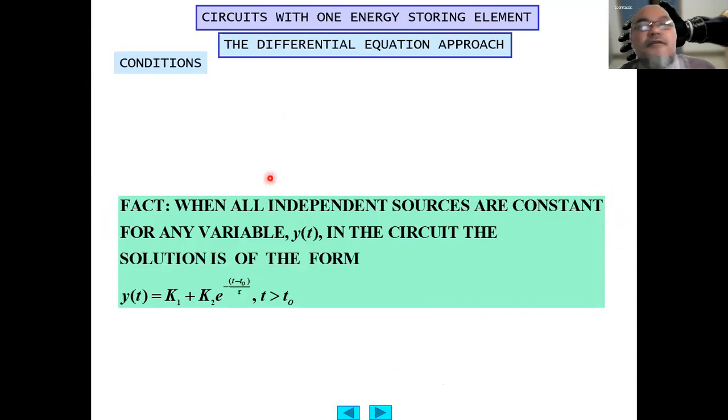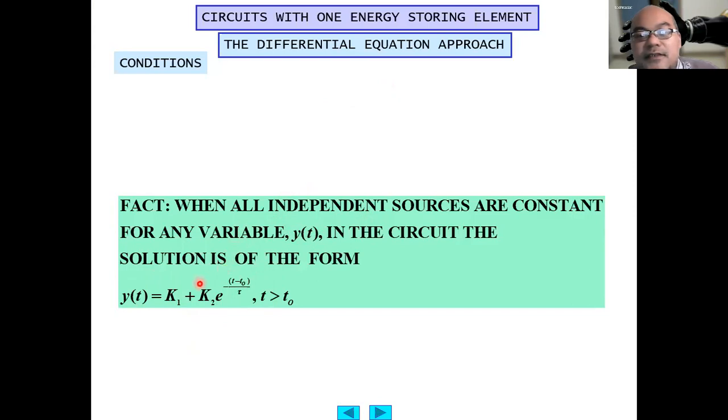Okay, so for a circuit with only one energy storing element, the differential equation approach: when all independent sources are constant, for any variable y(t) in the circuit, the solution is of the form like this. So this is what we have derived earlier, from the solution for the first-order differential equation.